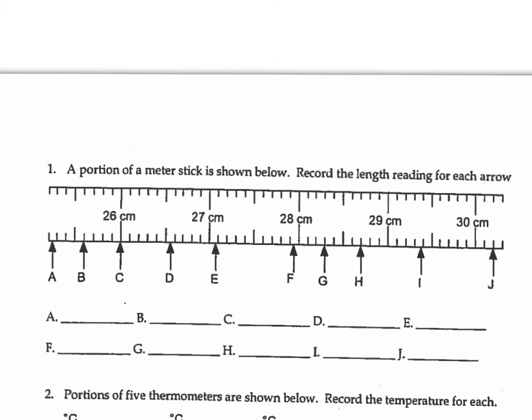So I'm looking at D, and I know that this mark here is greater than 26.5, but less than 26.6. I'm going to make an estimate somewhere right between 26.5 and 26.6. I know that it's greater than 26.5, and I can now make an estimate to, let's say, I'm just going to call it 5.